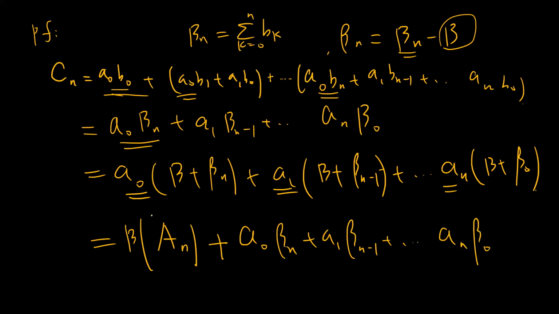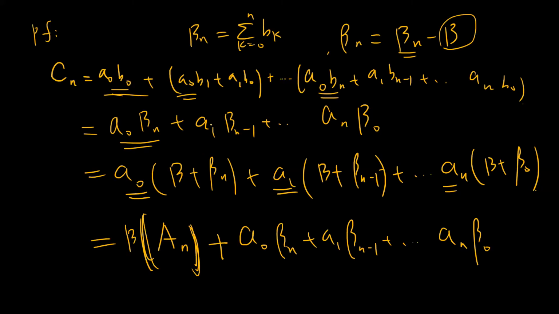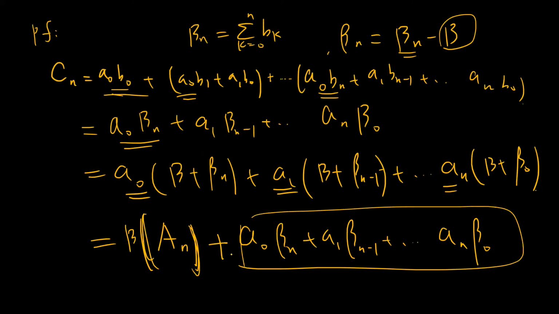Yeah, tricky proof. Okay, so let's define gamma n. Gamma n will be a0 beta n plus a1 beta n minus 1 up to an beta 0.